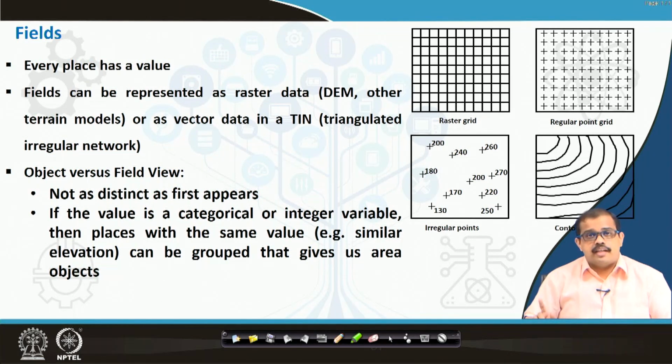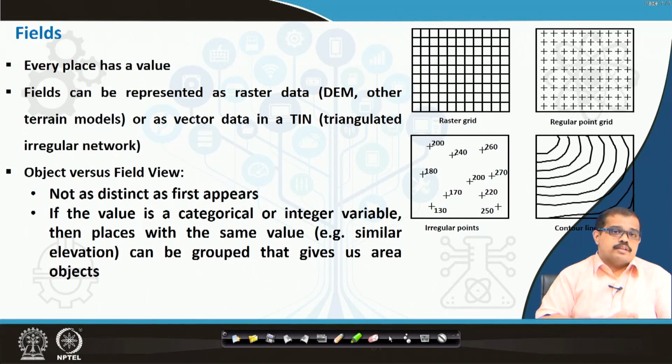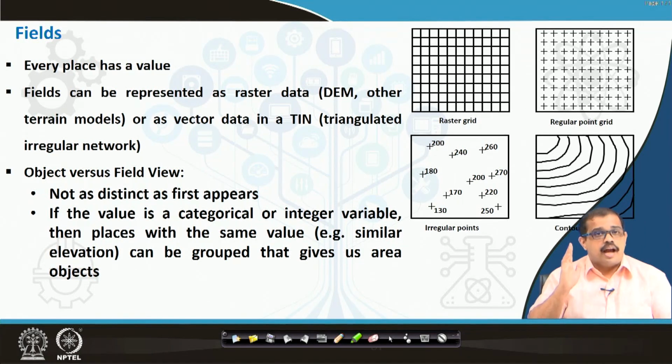Fields can be represented as raster data, for example DEM and other terrain models, which we will look at. They can also be represented as vector data in the form of a TIN, a triangulated irregular network. When you look at objects versus the field view, objects are as distinct as possible, whereas a field is not quite distinct, it is a continuous value.